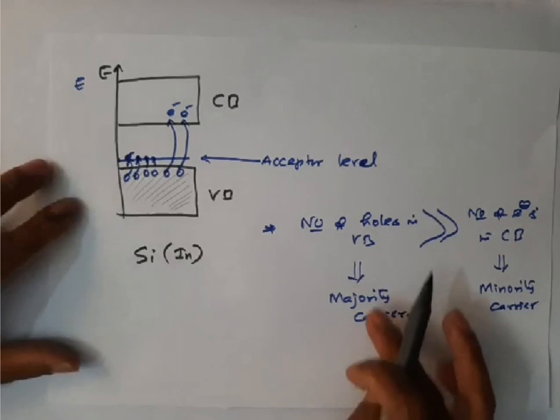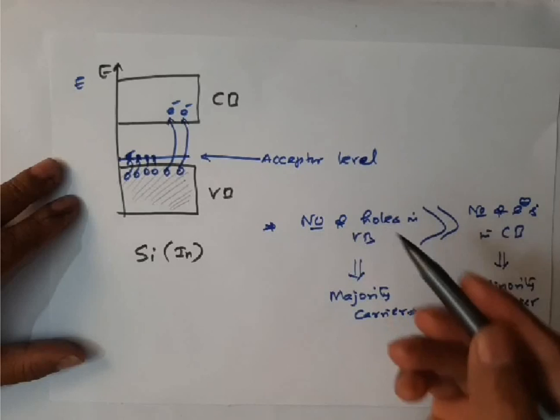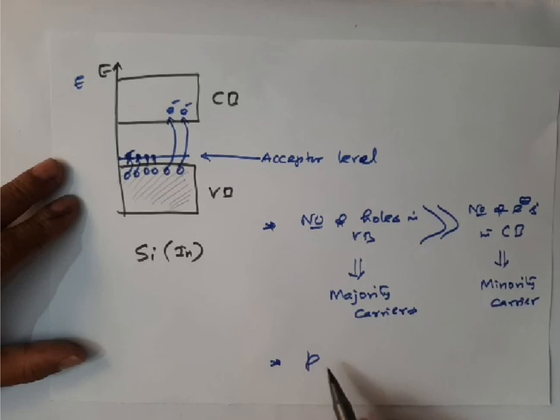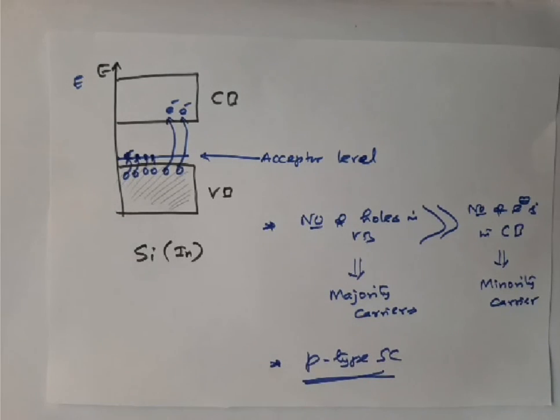Since the majority are holes, and holes mean positive charge, this semiconductor is represented as P, positive, p-type semiconductor. Based on majority carrier, we say it is n-type or p-type. Is this clear, students? Any doubt? Keep this in mind.